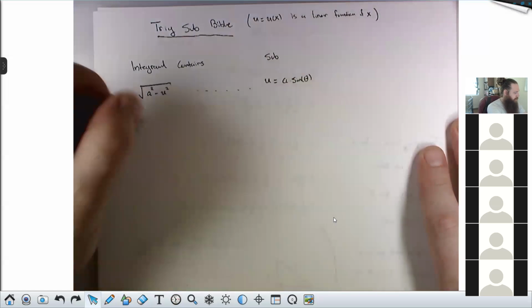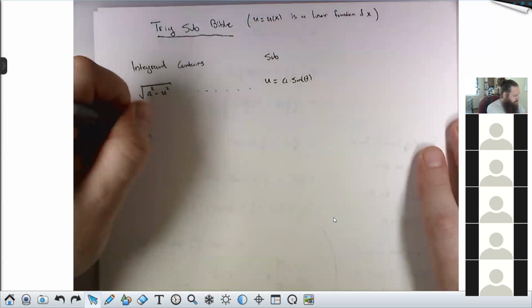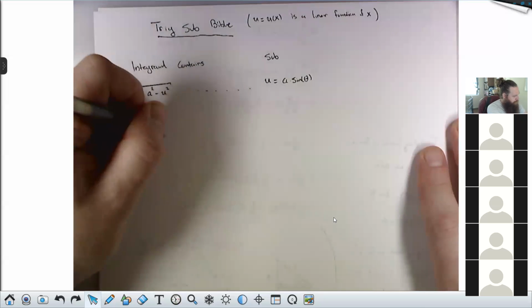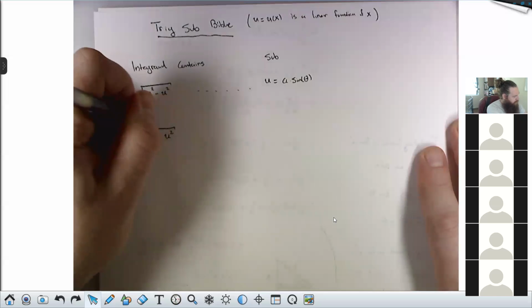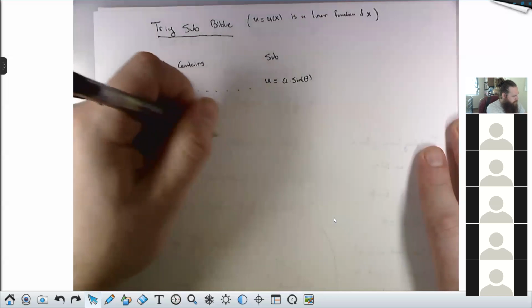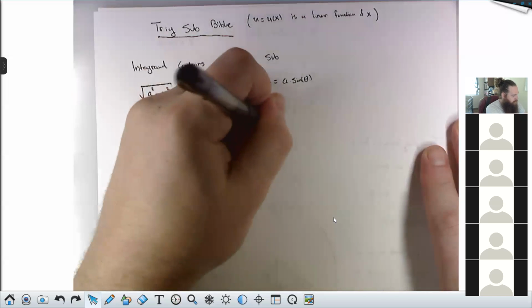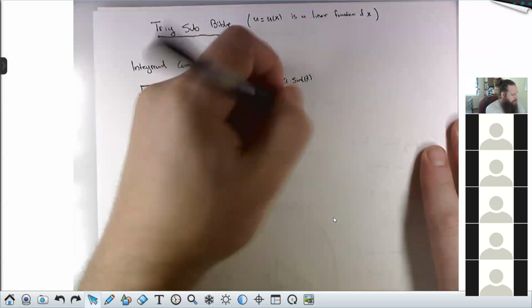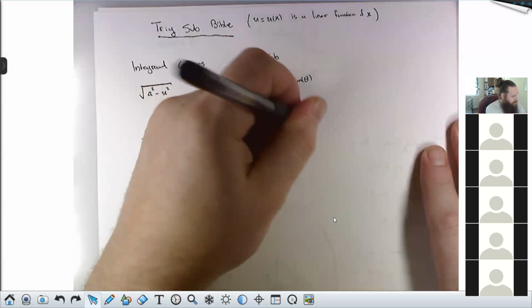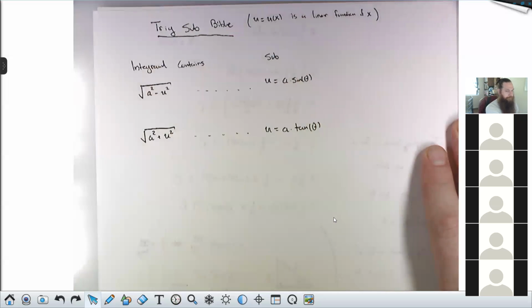If your integrand contains an expression of the form a squared plus u squared, then you're going to make the substitution u is equal to a times the tangent of theta.